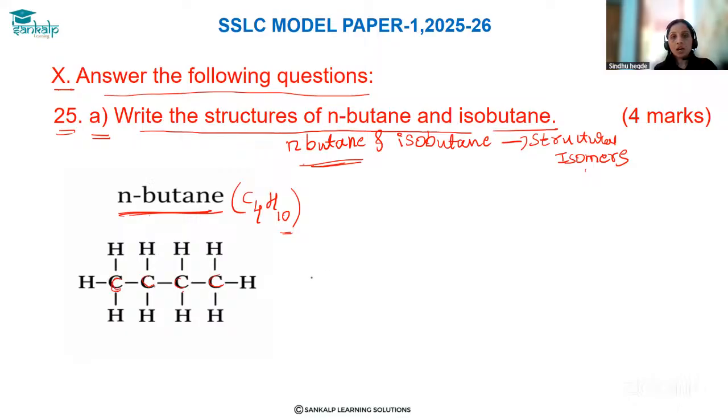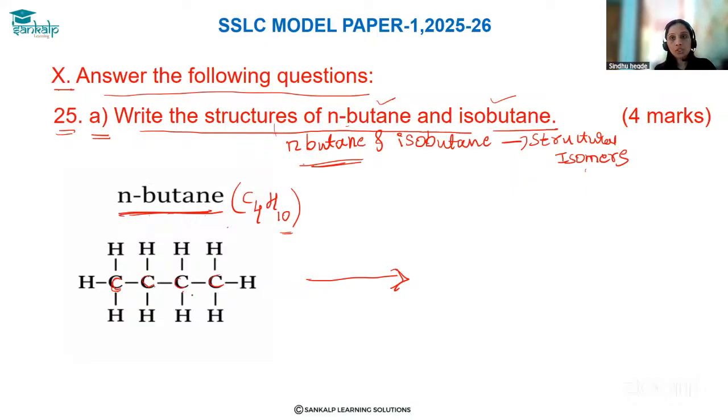Then how to write isobutane? The question is to write the structure for n-butane and also isobutane. Isobutane is the structural isomer of butane, right? N-butane shows a 4 carbon atom chain. It is unbranched.